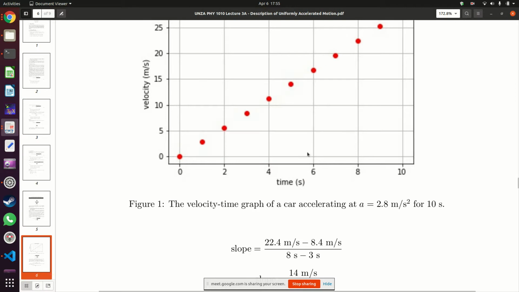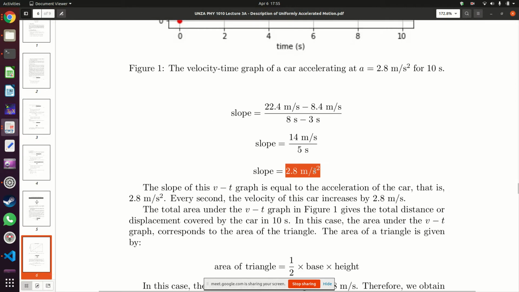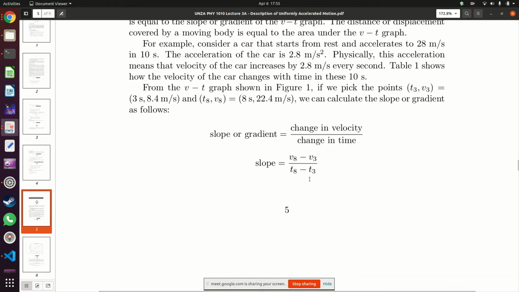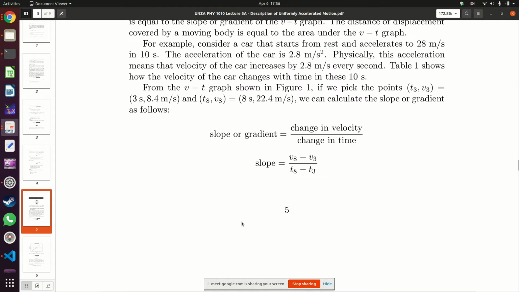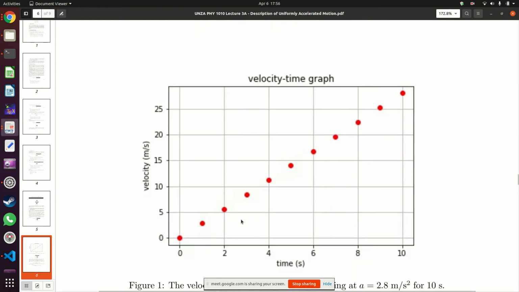This 2.8 meters per second squared is the same as the acceleration which you found here. That's why we were saying earlier that the slope or the gradient of a velocity time graph gives you the acceleration.